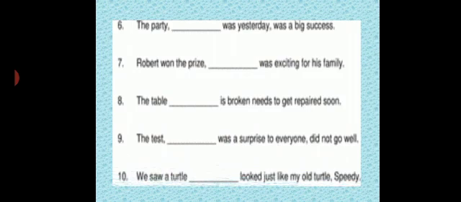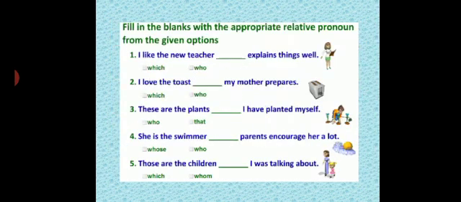Number 9. The test dash was a surprise to everyone, did not go well. And the last one. We saw a turtle dash looked just like my old turtle Speedy. So, solve these examples. This will give you practice of putting the appropriate pronouns in the correct blanks.